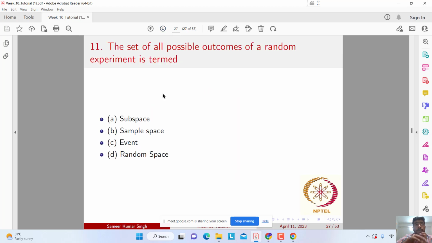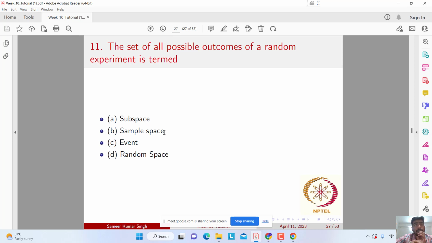Okay, so it's a theoretical question. We already solved lots of probability questions. The question is: the set of all possible outcomes of a random experiment is termed what? Okay, good.